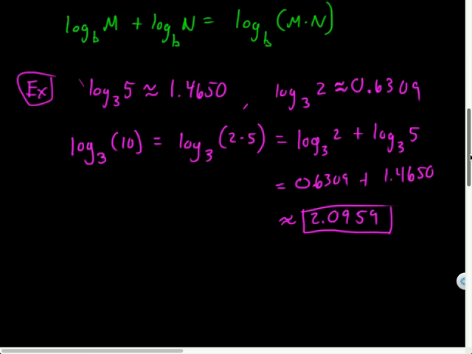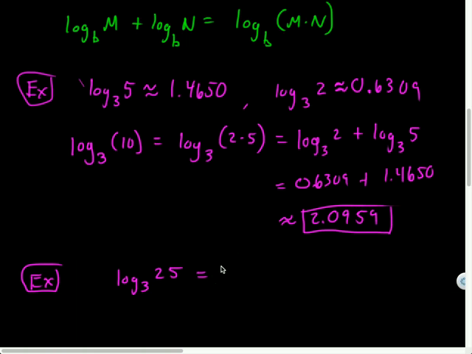Now, similarly, using the same facts, what if I wanted you to figure out what is log base 3 of 25? How could I use my previously stated facts? What's that the same as? Right, 5 times 5.